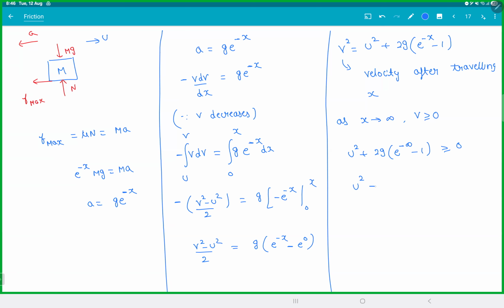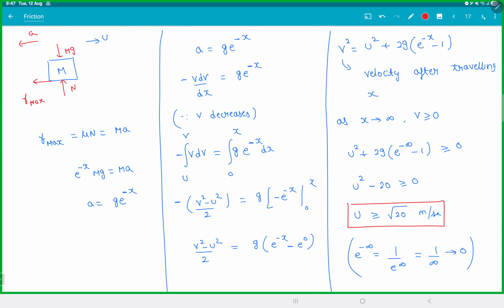This will become u square minus 2g is greater than or equal to 0. u must be greater than or equal to root 20 meters per second. e power minus infinity is 1 by e power infinity, which is 1 by infinity, which is 0. There, if you kick this block with a speed of root 20, you'll never stop.